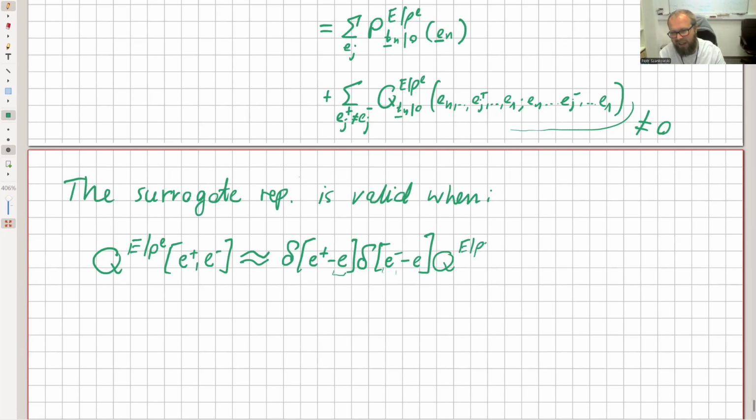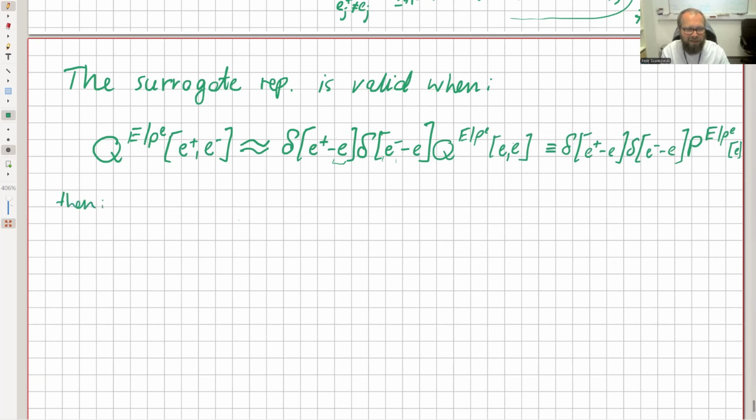Right, and then only the diagonal part contributes, and we can rename this diagonal part as P. Let's rename it as P_E rho_E of E. Okay.